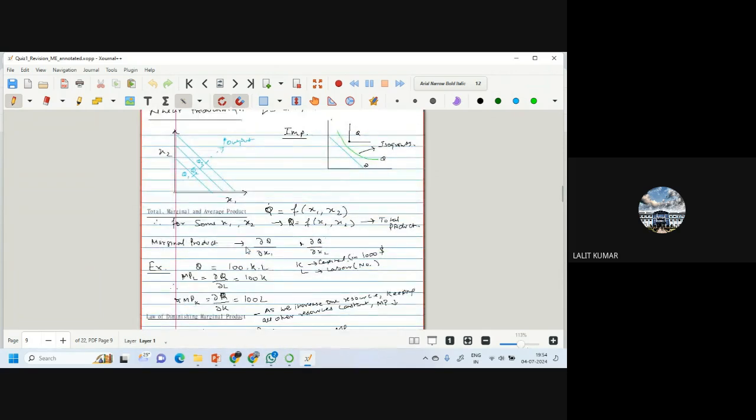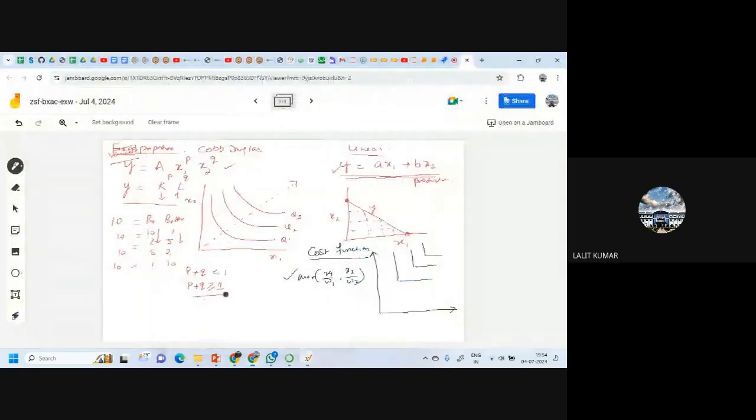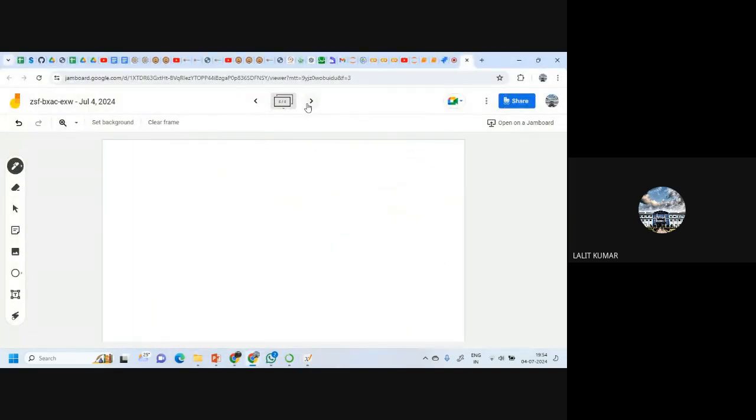Now we come to total, marginal and average product. It is a very important concept from the quiz point of view. Straight away, this has come like an example. They have asked in the GAs also that there is a function for the capital and labor, y is equal to 100 kl.